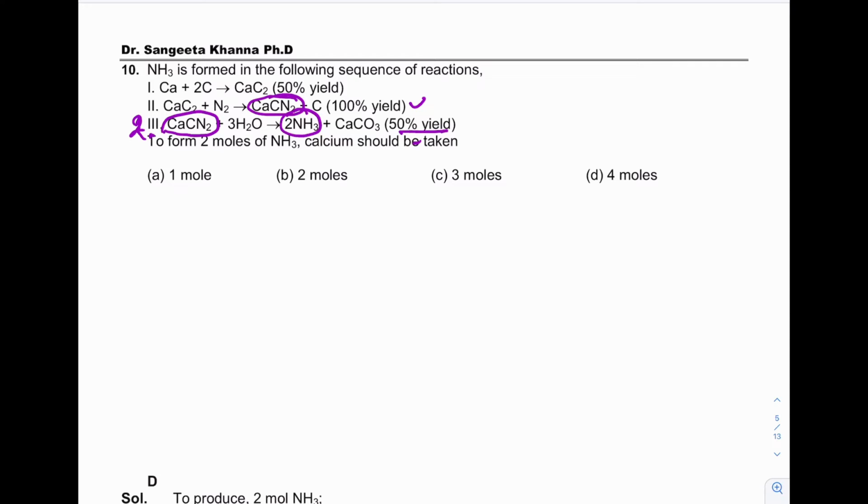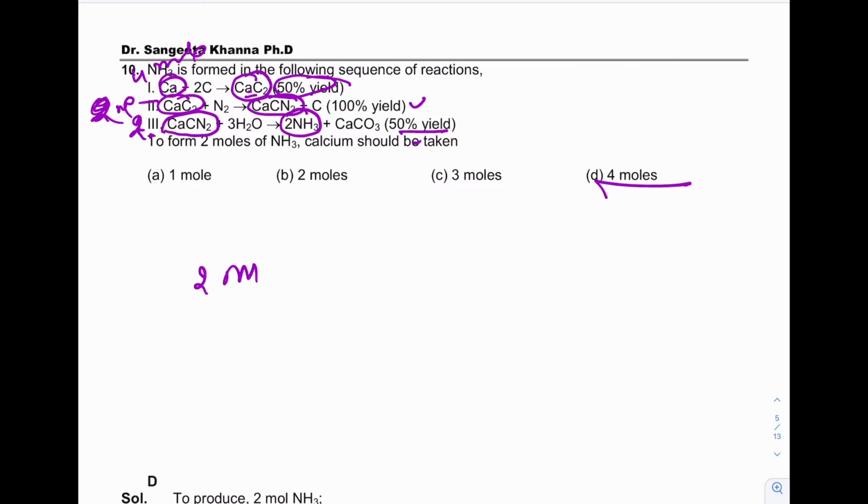So for calcium cyanamide, 2 moles of calcium carbide will be used. And for 1 mole calcium carbide, 1 mole calcium is used. But 50% yield, then double calcium will be used. So if it is 2 mole of calcium carbide required, then 4 moles of calcium will be used. So answer is D. In every step, percentage yield should be taken.